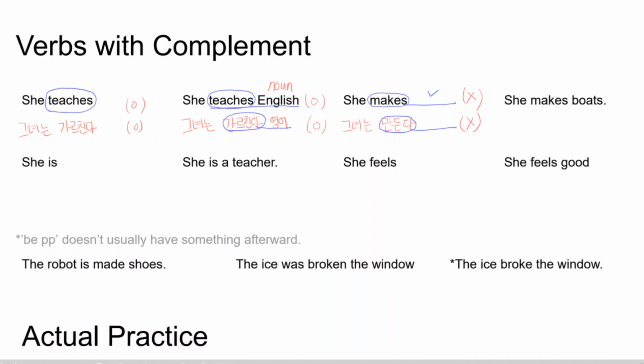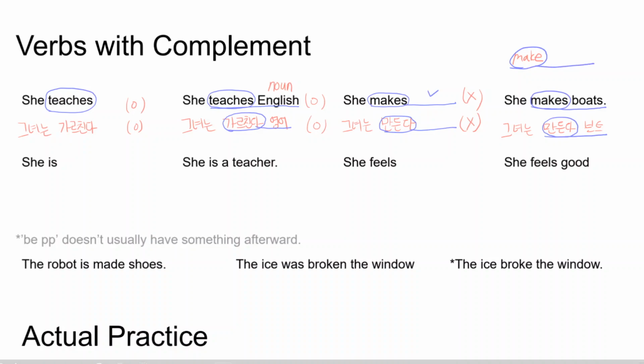Okay, this is how complement goes. Okay, let's move on. In the next sentence, we have she makes boats. Right? It means 그녀는 만든다 보트. 그녀는 보트를 만든다. So what do you think? It makes perfect sense, right? Because makes, the verb make, wants to have a complement, right?